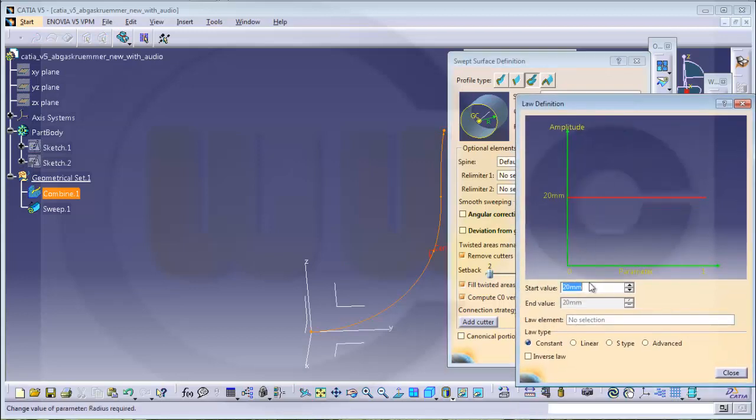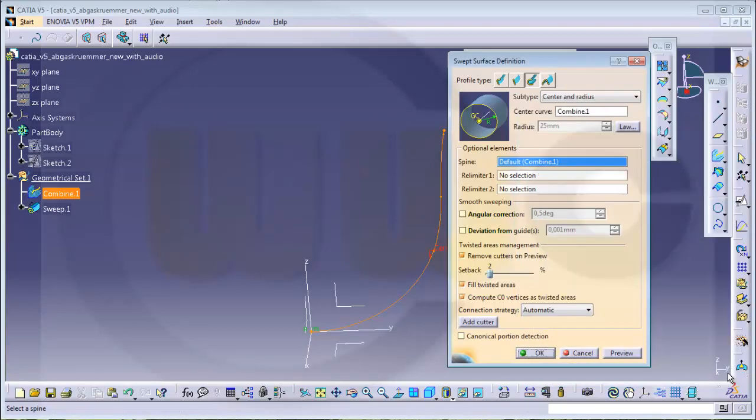The radius should be controlled by a law. Start value 25. It should be a linear type to 20. That's okay. Close. Let's make a preview.